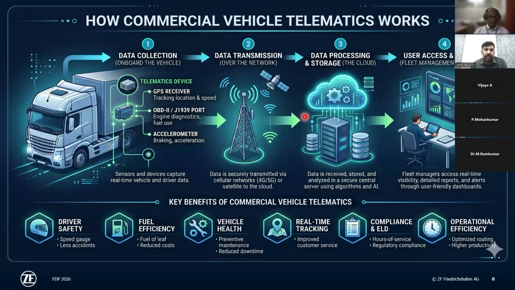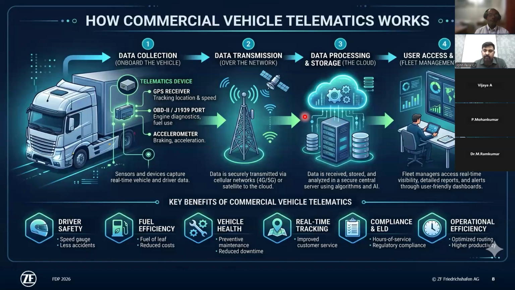The current telematics is not specific to digital twin. Normally, telematics is a well-defined ecosystem for fleet operations in the commercial space. A lot of applications that you see at the bottom, like driver safety and fuel efficiency, are fleet-operations-specific KPIs which are very much tracked using telematics.